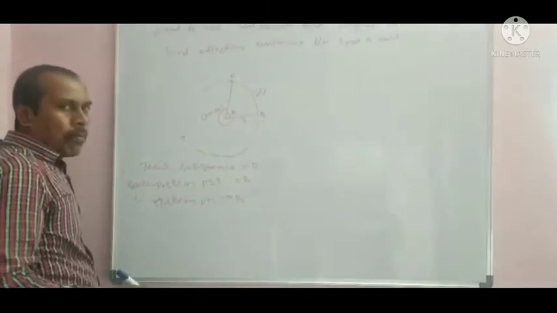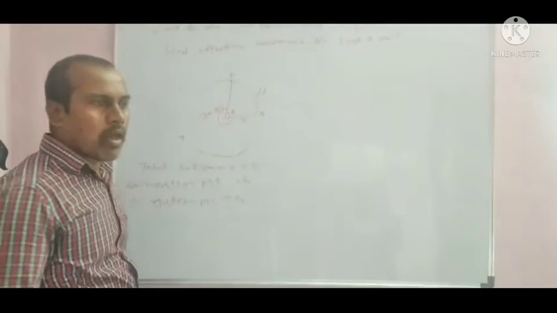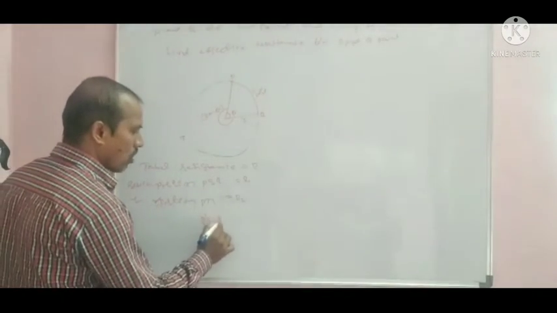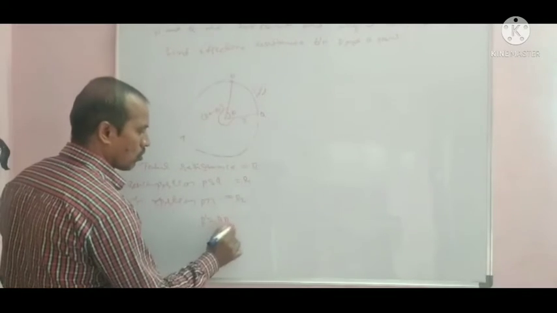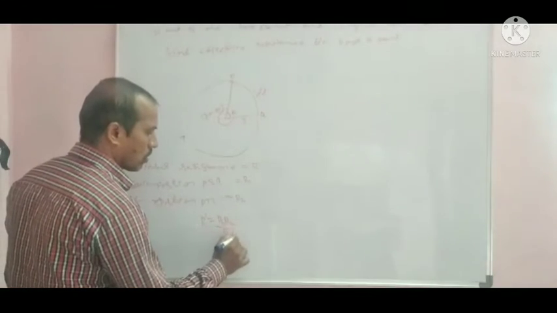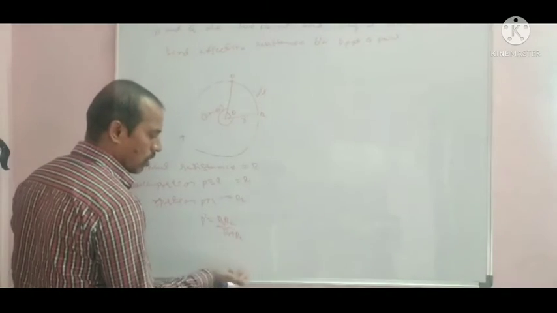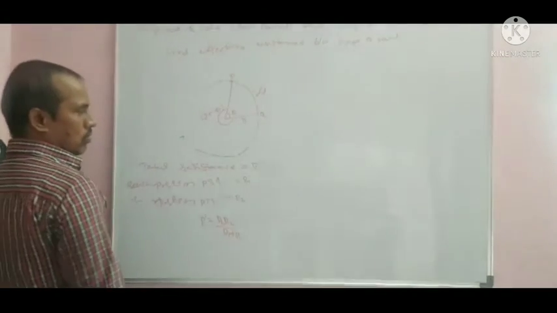These two are in parallel combination. The effective resistance R5 is R1 R2 by R1 plus R2.